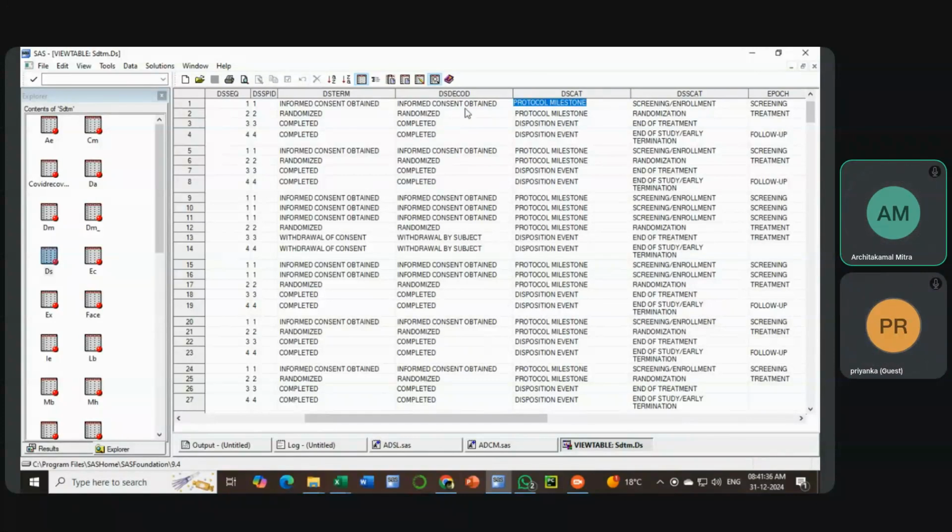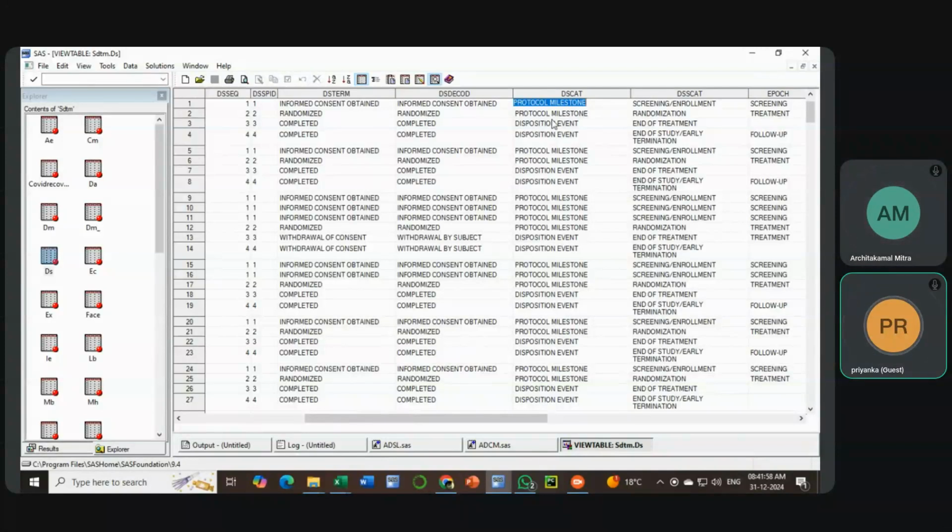Within that, we had informed consent obtained. Protocol milestone also has randomization, where patients were randomized and provided a drug or placebo against each of their names.